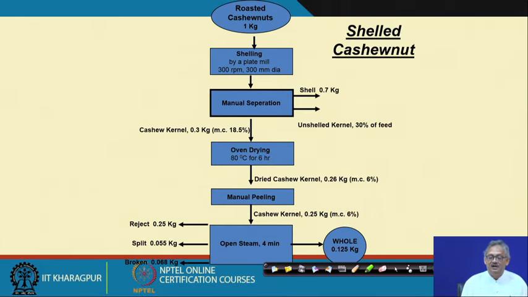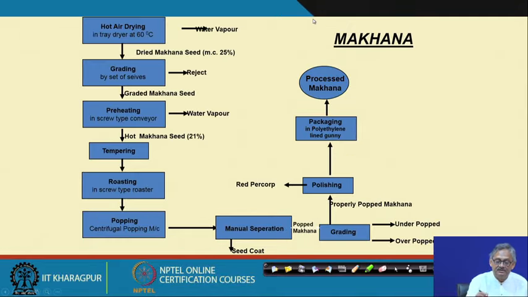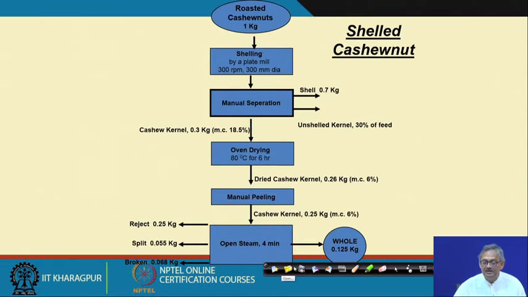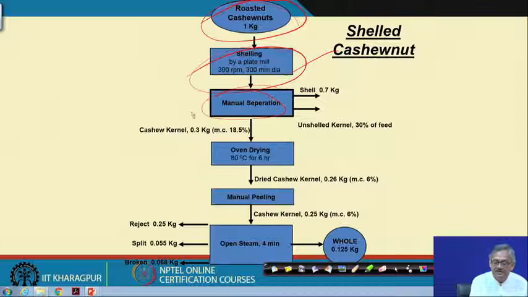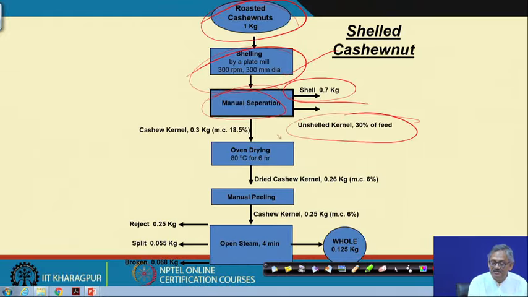And then last is shelled cashewnut, that is roasted cashewnut. Makhana is also there. So, for roasted cashewnut, take 1 kg, shelling by a plate mill at 300 rpm, 300 millimeter diameter, manually separated, shell comes out 0.7 kg, and unshelled kernel is 30% feed, and then cashew kernel 0.3 kg with a moisture content of 18.5%.